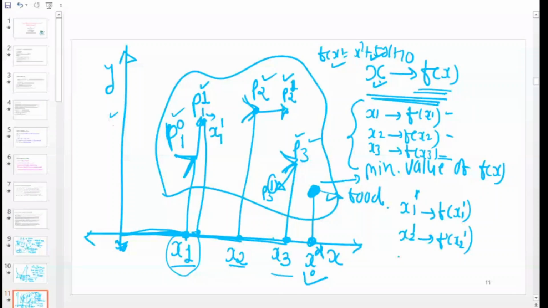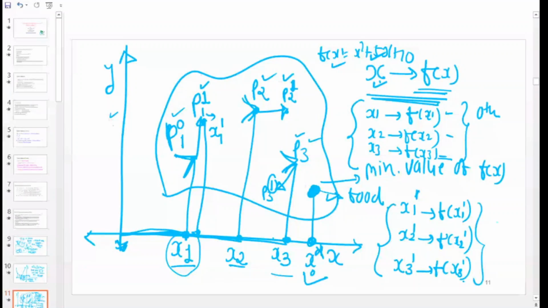Similarly, for x3, you can find out the function value. So in the 0th iteration we have obtained these function values, and in the first iteration we have obtained these function values.